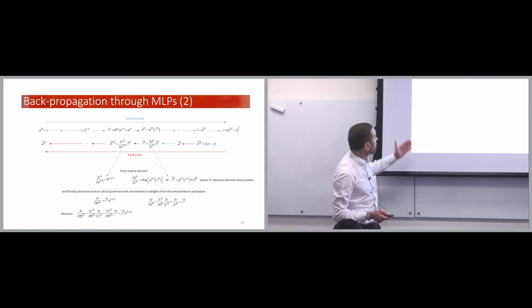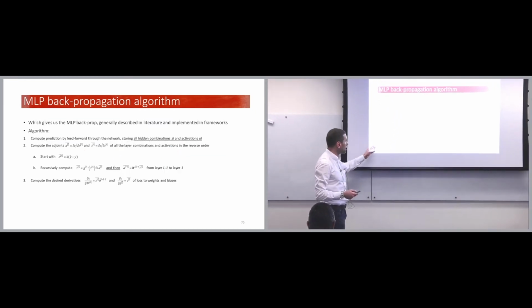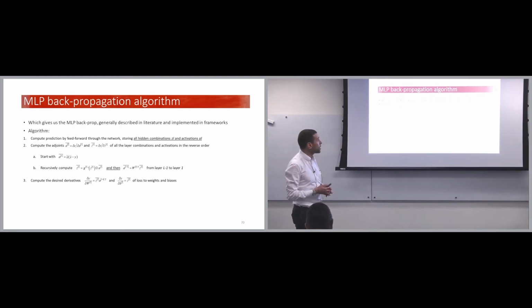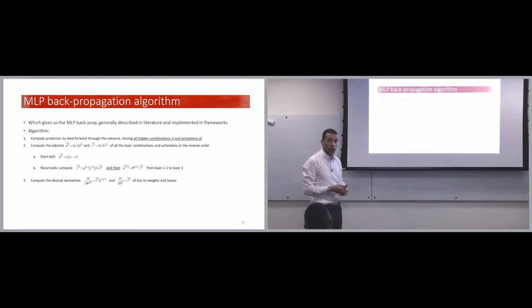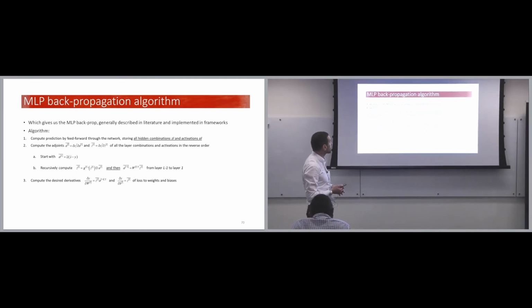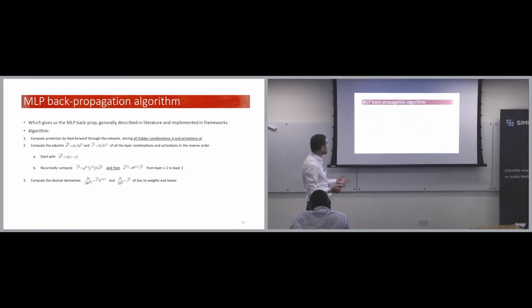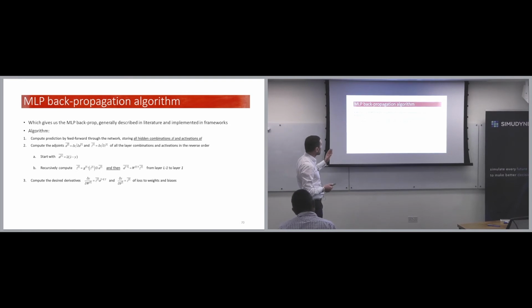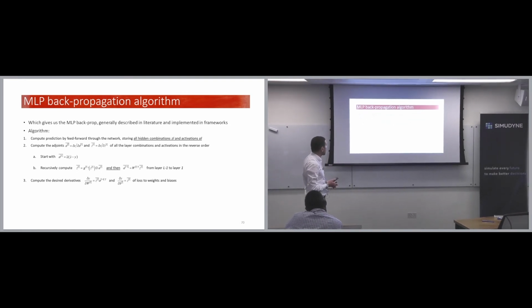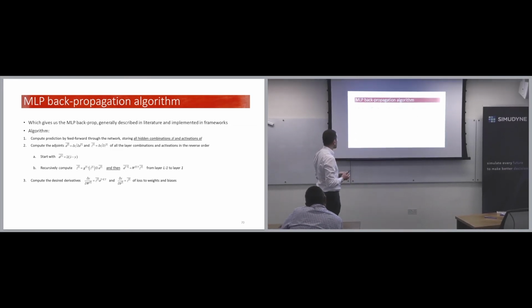So finally, we get the MLP backpropagation algorithm, and this is the one that's usually given in literature and in textbooks and research papers and so forth. This is the one that's implemented in most frameworks. That's a particular case of a backprop algorithm applied to multi-layer perceptrons, and the algorithm is actually just an adjustment of the general backpropagation algorithm.